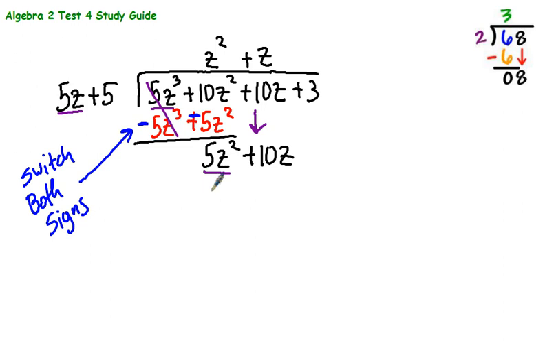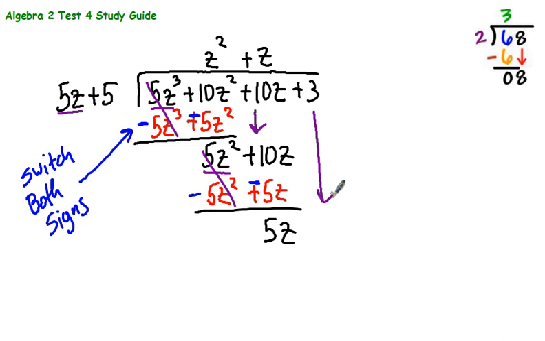All right, so let's see here. 5z squared plus 5z. We know we got to switch. So let's switch them. Right, switch those signs, and then we see that the z squareds cancel. 5z, who's coming down? 3, welcome, my friend. 3's coming down.